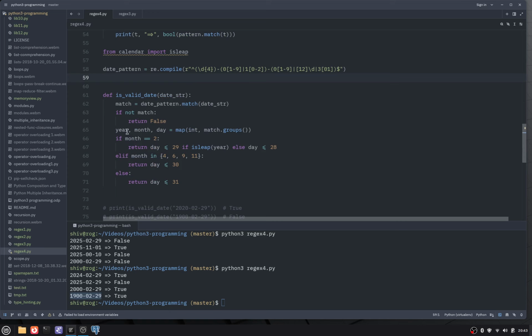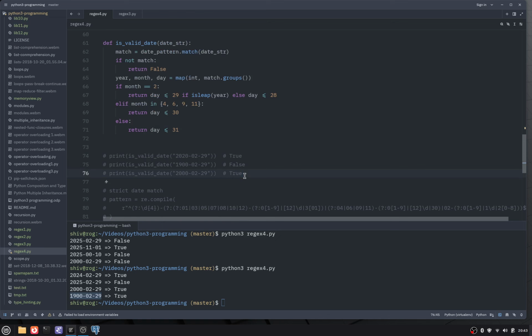Then you find out year, month, day and test for month 2, and if day is less than or equal to 29, if it is a leap year, else day should be less than or equal to 28. So you see, this is how you can write a very simple example, and your test cases will work also.